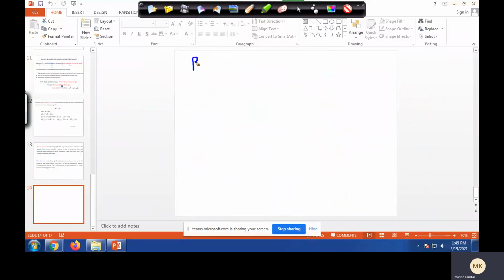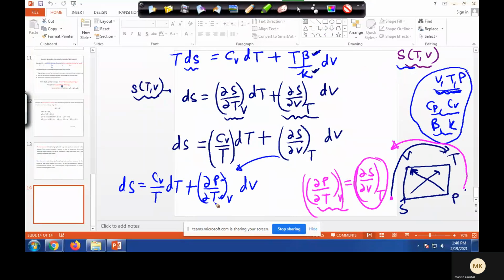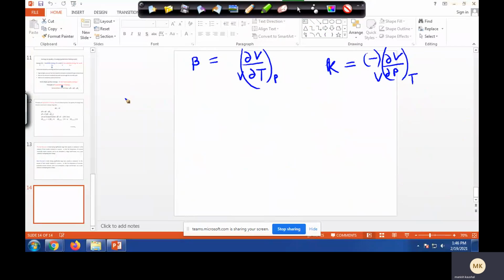Now let's go to beta. Beta, what we have is ∂V/V, fractional change, ∂T at constant P. What is kappa? For kappa we have ∂V/V with a minus sign, ∂P at constant T. And what we have here is ∂P/∂T at constant V. Let's see, we can correlate ∂P/∂T at constant V. Okay.